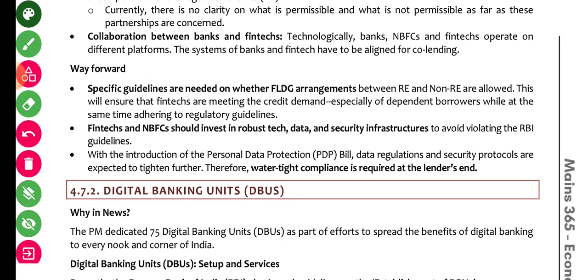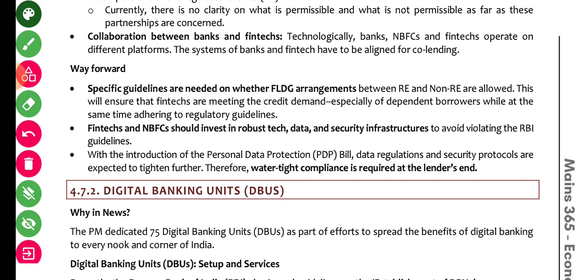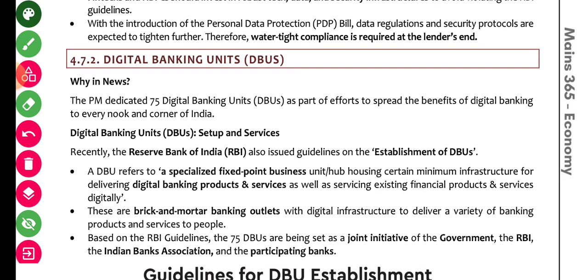Way forward: specific guidelines are needed on whether FLDG arrangement between RE and non-RE is to be made. Fintechs and NBFCs should invest in robust technology, data, and security infrastructure to avoid violating the RBI guidelines. Watertight compliance is required at the lender's end. So keep this in mind.